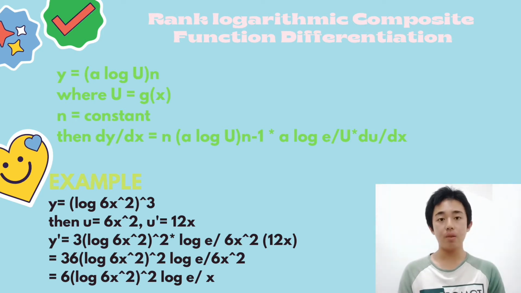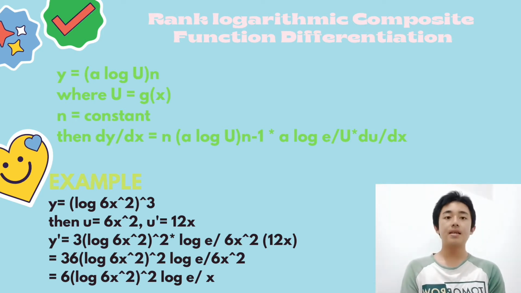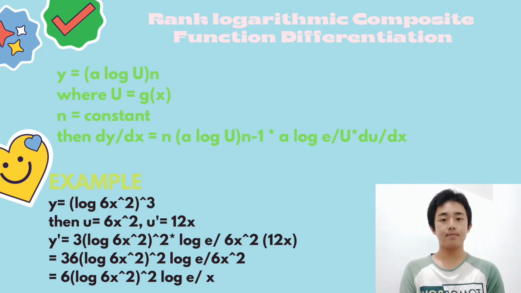Simplifying gives 6 times (log 6x squared) squared times log e by x.